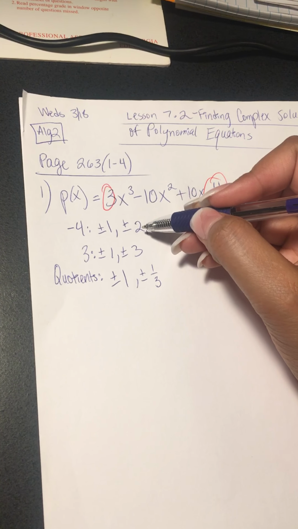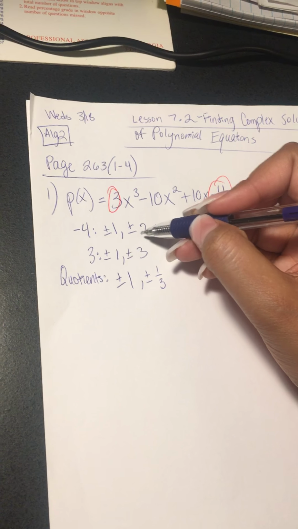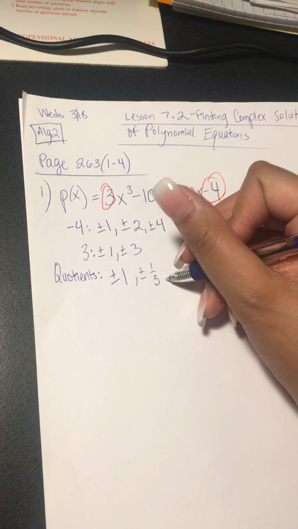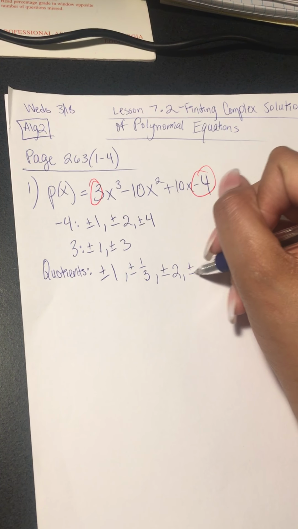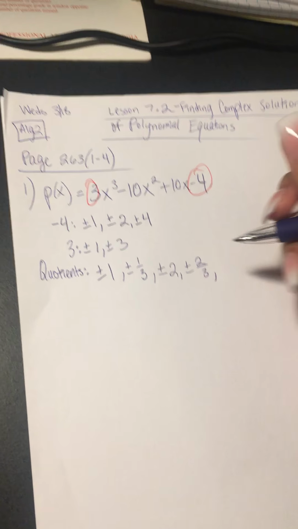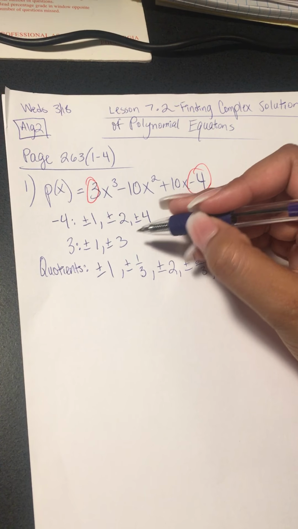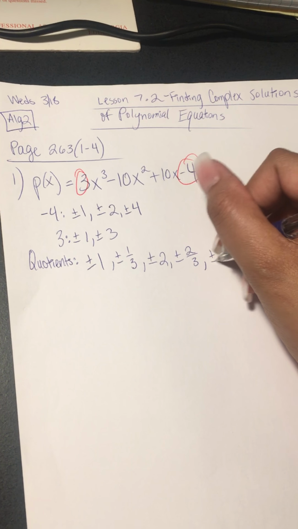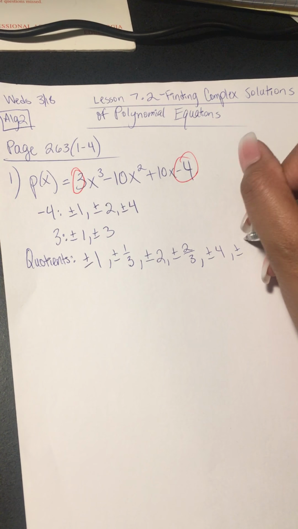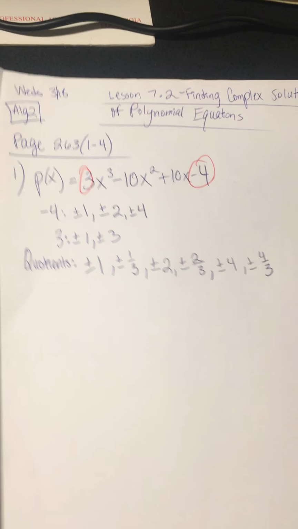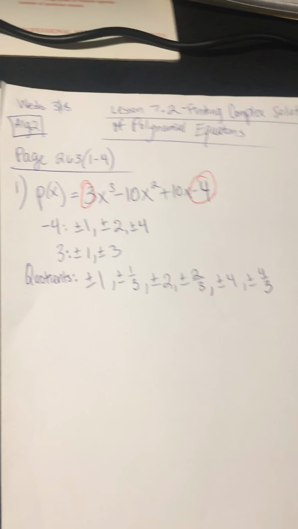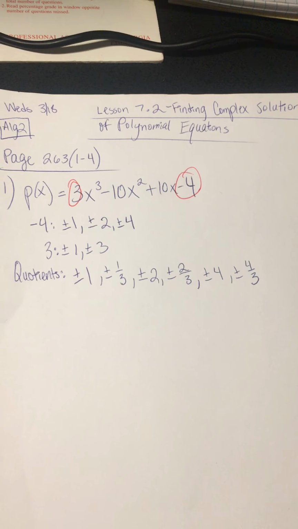Go on to the 2. 2 divided by 1, 2 divided by 3. Four divided by 1, 4 divided by 3. So this is a list of all your possible rational zeros of the polynomial function.